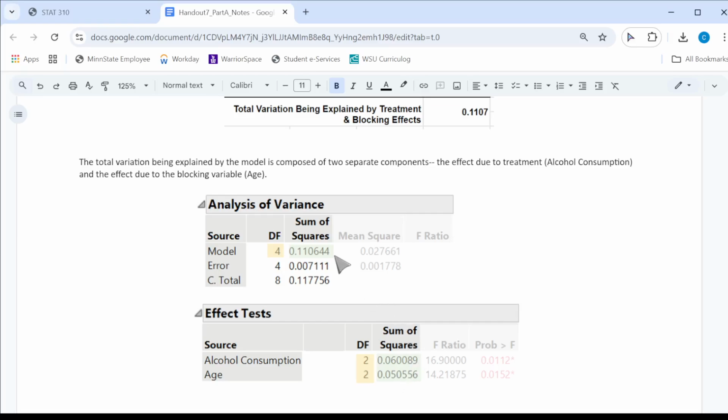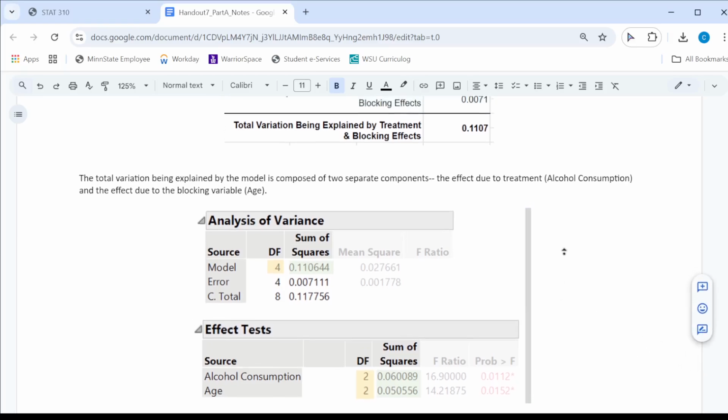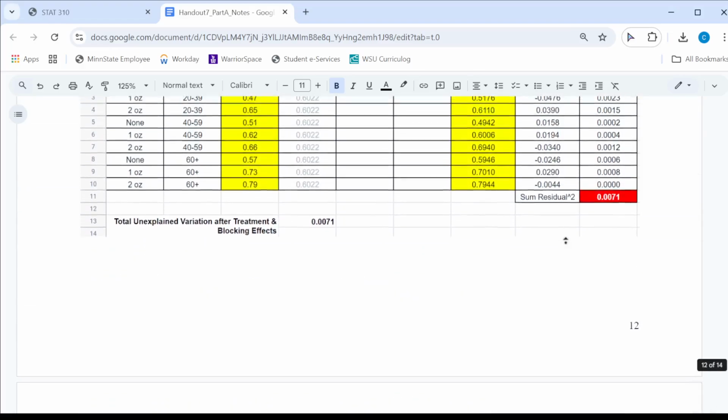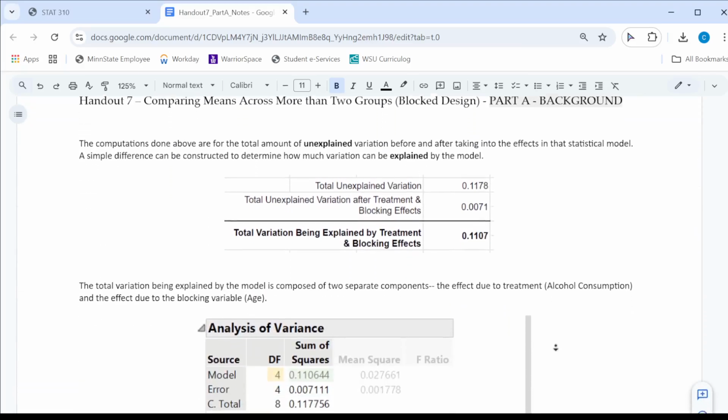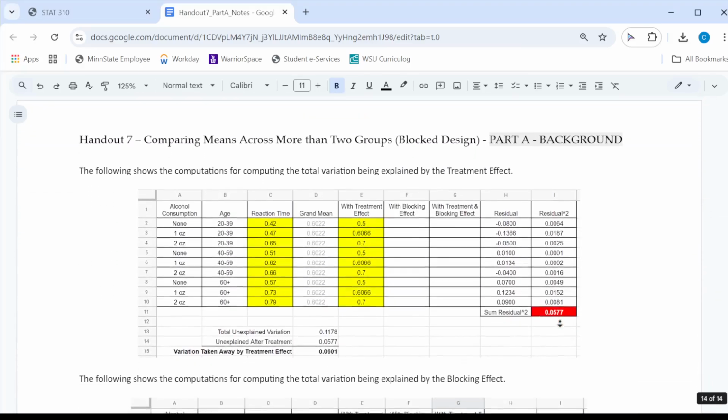So when we're thinking about how much of the errors were taken away from the model, 0.1106, that can be decomposed into these two components. And if you want, you can study how we go about doing that decomposition on the next page, I guess.